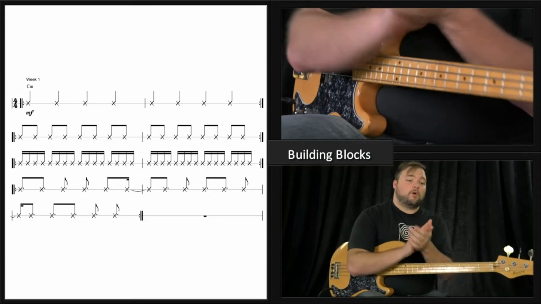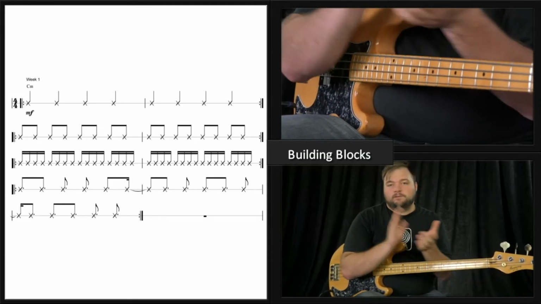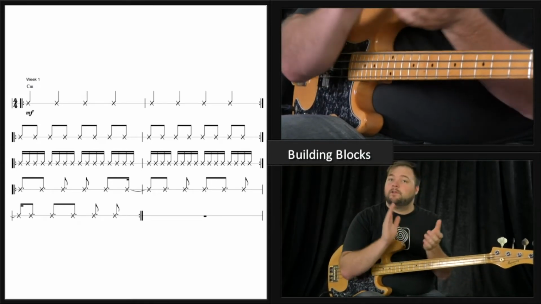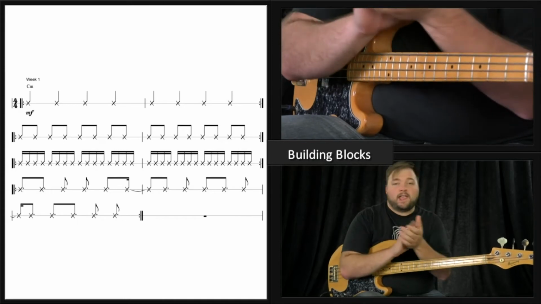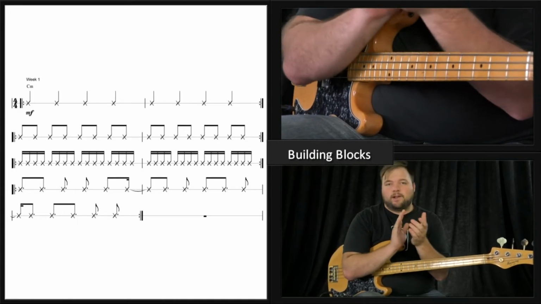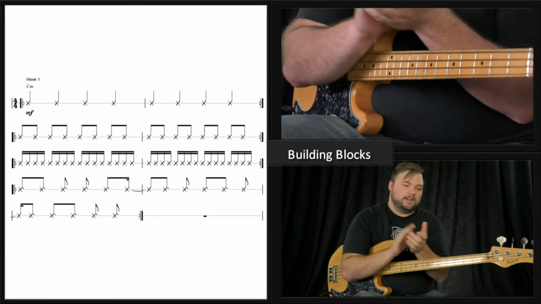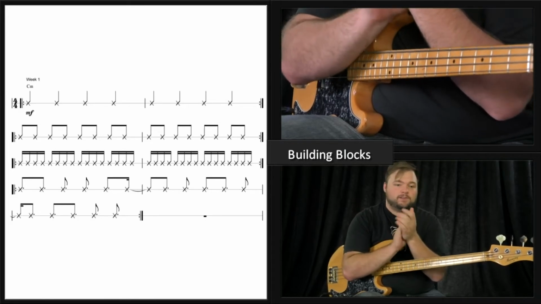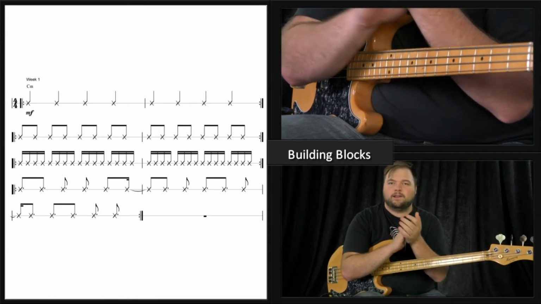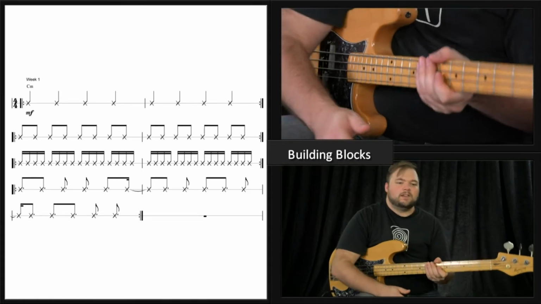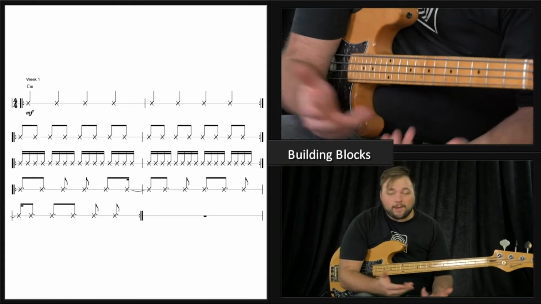So obviously quarters, 1, 2, 3, 4, 1, 2, 3, eighth notes, 1 and 2 and 3 and 4 and 1 and 2 and 3 and, 16ths, 1 e and a 2 e and a 3 e and a 4 e and a, right? We know all that. So what about dotted eighths?